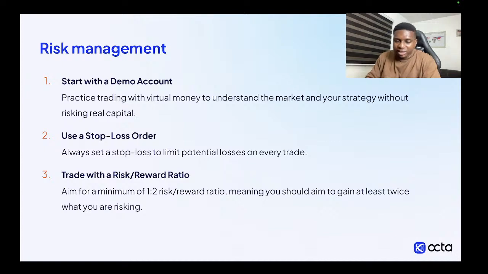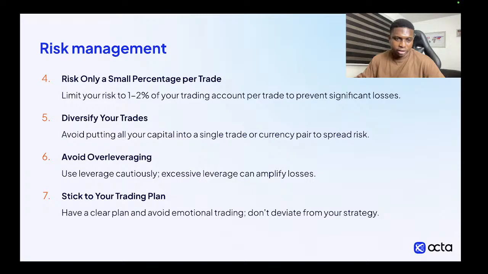3, trade with a risk to reward ratio. Aim for a minimum of 1 to 2 risk to reward ratio, meaning you should aim to gain at least twice of what you are willing to risk. 4, risk only a small percentage per trade.